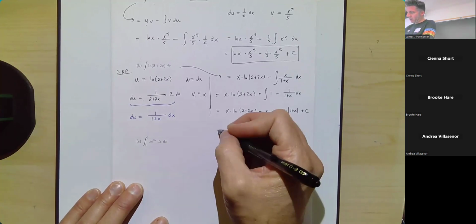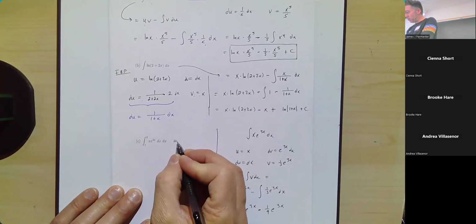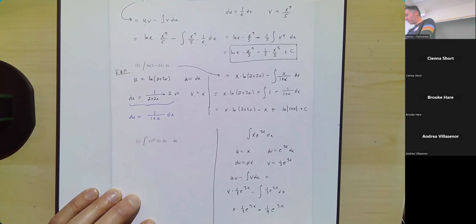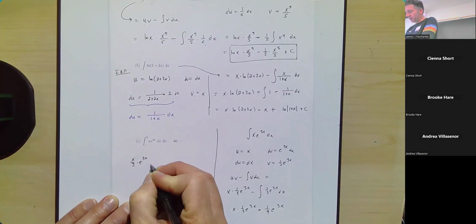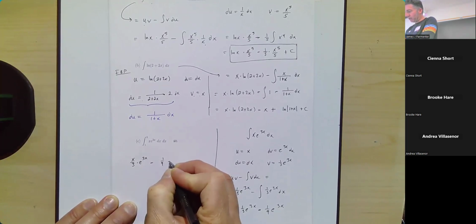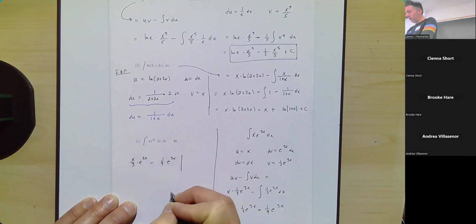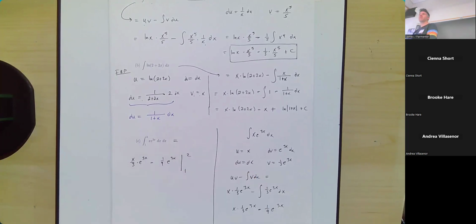So then over here, I would say, great, this is going to equal that integral. And I might rewrite it as x over 3 times e to the 3x minus 1/9 e to the 3x, evaluated from 1 to 2. I think that is how you should do this problem. You do the antiderivative over here because it's kind of complicated. And then over here, take whatever your final antiderivative is.